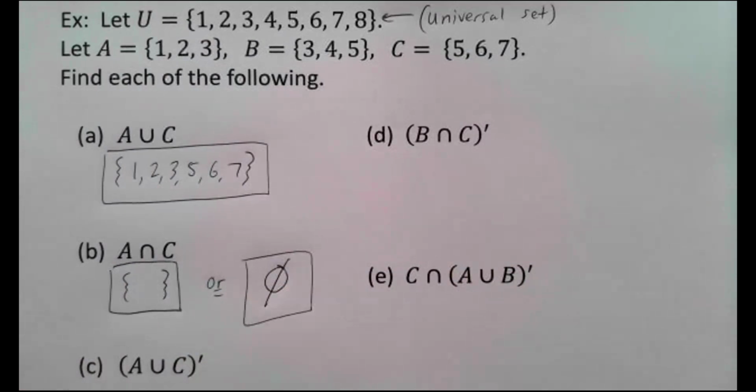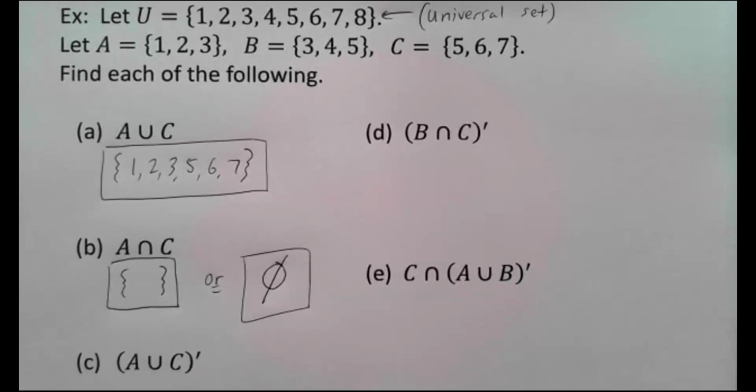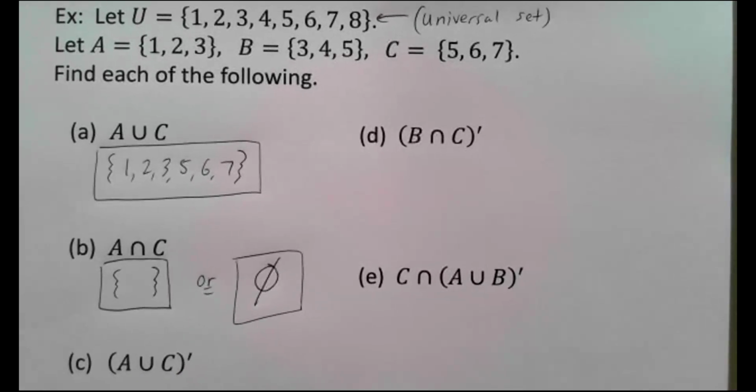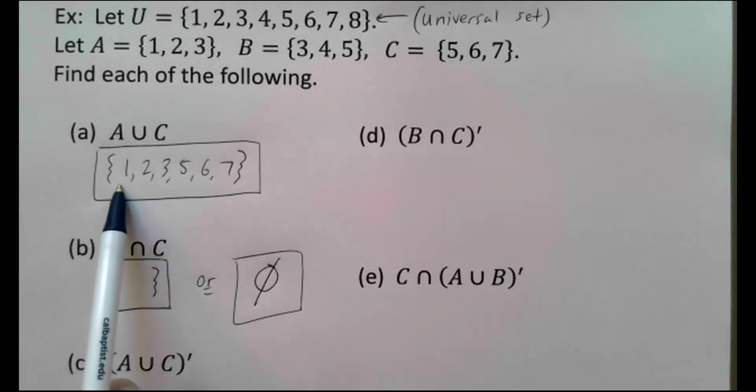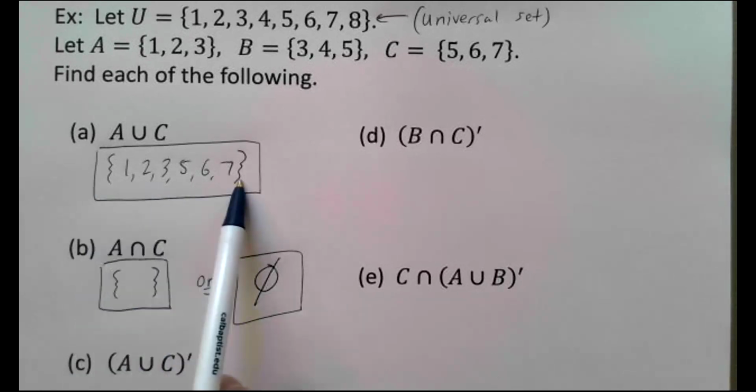All right, the next part, part C, says let's talk about A union C, but then the complement of all that. It's the complement of A union C. The complement of A union C means the opposite of A union C. It means everybody that's not in A union C. Now, luckily, we've just done A union C up here.